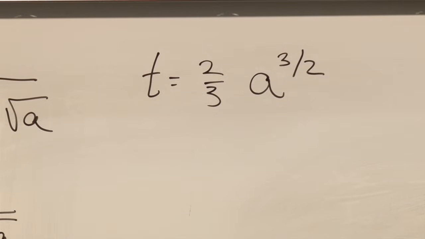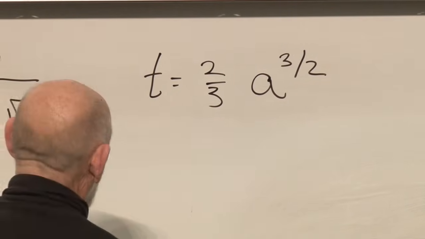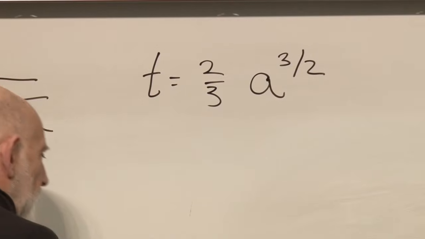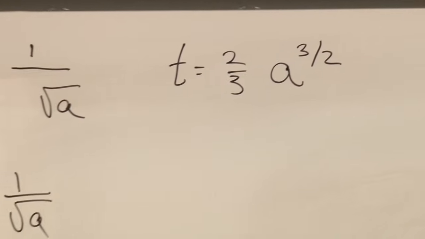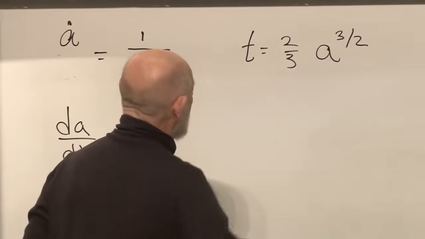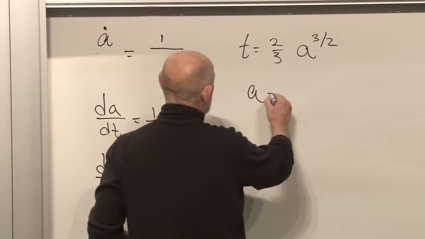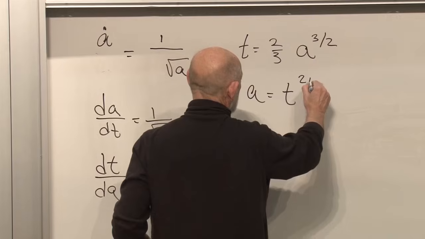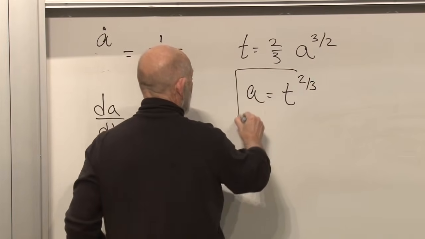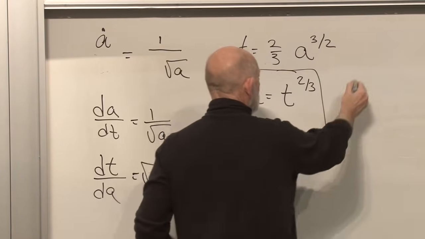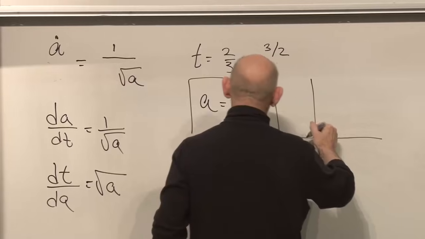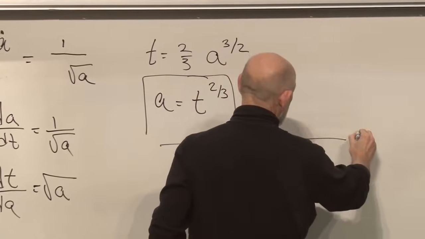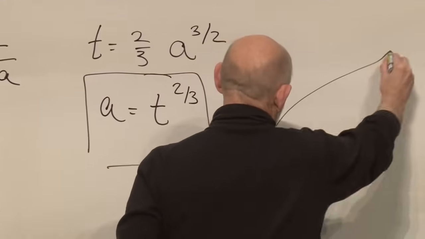All right, we can solve that now. What we really wanted was a as a function of time, but that's easy. If we just neglect the 2/3, I just don't feel like writing it, this tells us that a is equal to t to the 2/3. a is equal to t to the 2/3, which is a function of t, which looks like that.